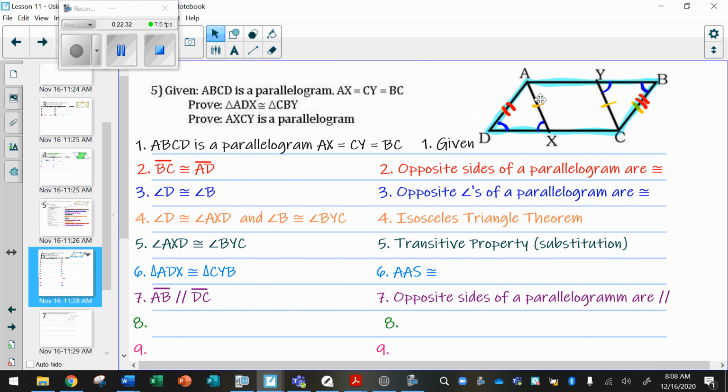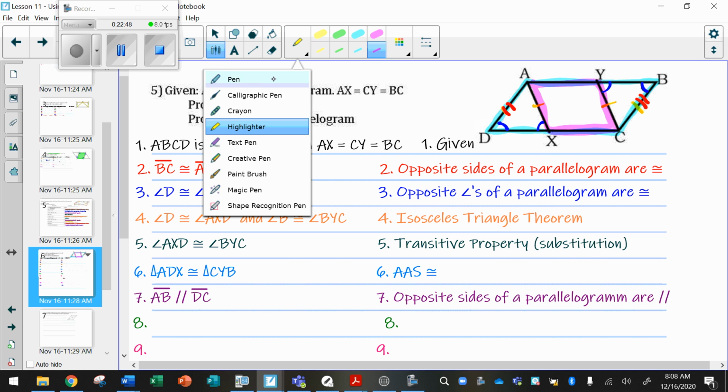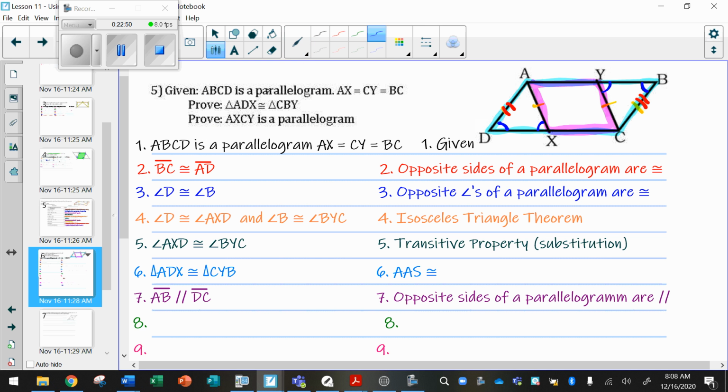My goal is to prove that the parallelogram shape on the inside of the bigger parallelogram, AXCY, is a parallelogram. So that means either both pairs of opposite sides parallel, both pairs of opposite sides congruent, or one pair of opposite sides both parallel and congruent. You know, we have some options.